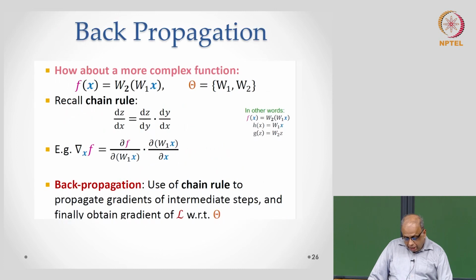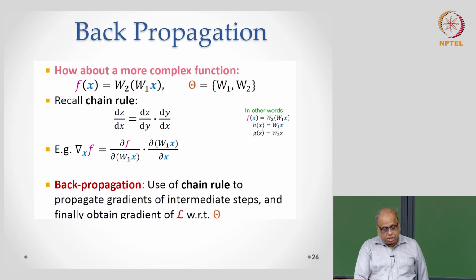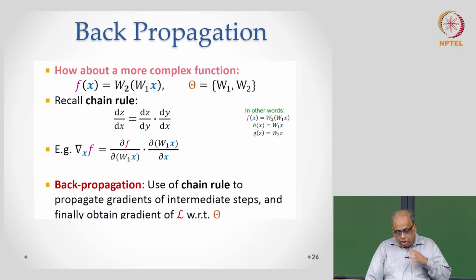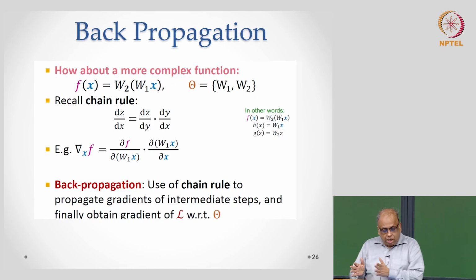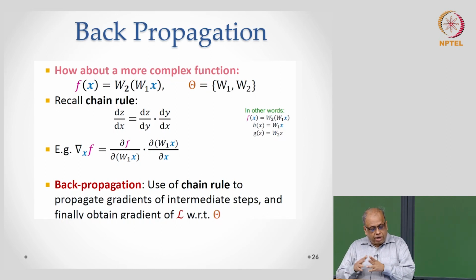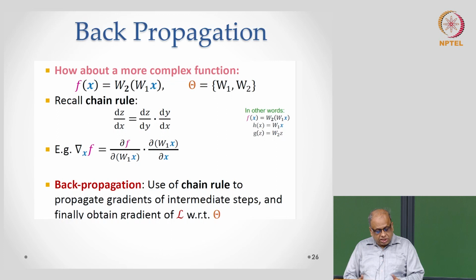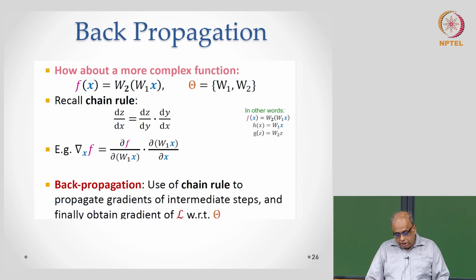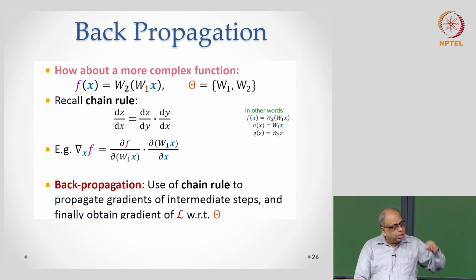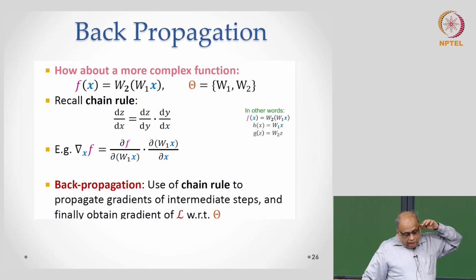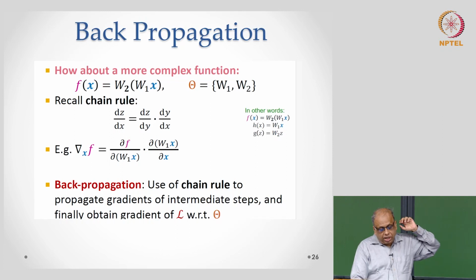Then in back propagation, you have a chain of layers. So f(x) can be W2 into W1x, because each of these layers will have a weight associated with it. In high school calculus, you know about the chain rule, dz/dx equals dz/dy times dy/dx.